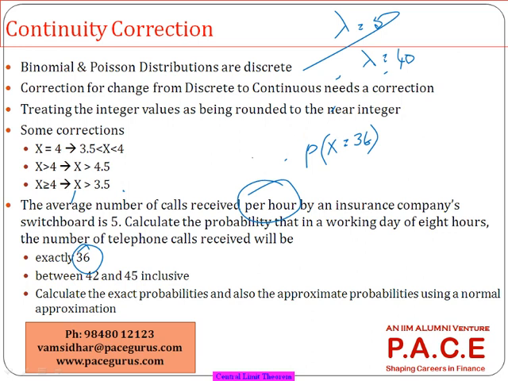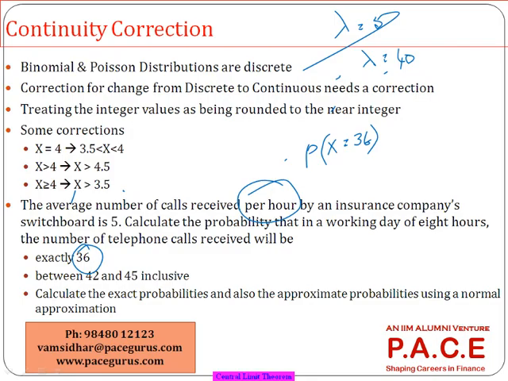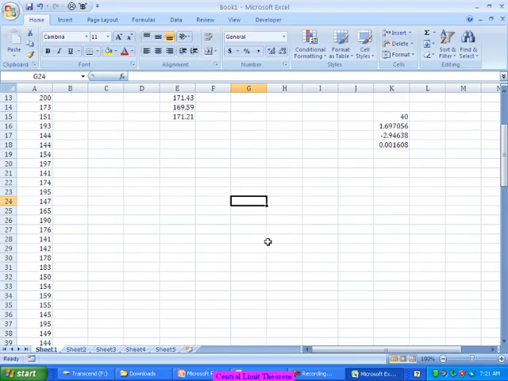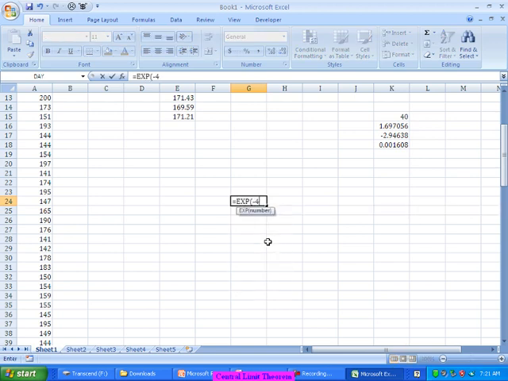If we use the Poisson directly, lambda equal to 40, I want the probability of x equal to 36: e power minus lambda into lambda power x by x factorial.